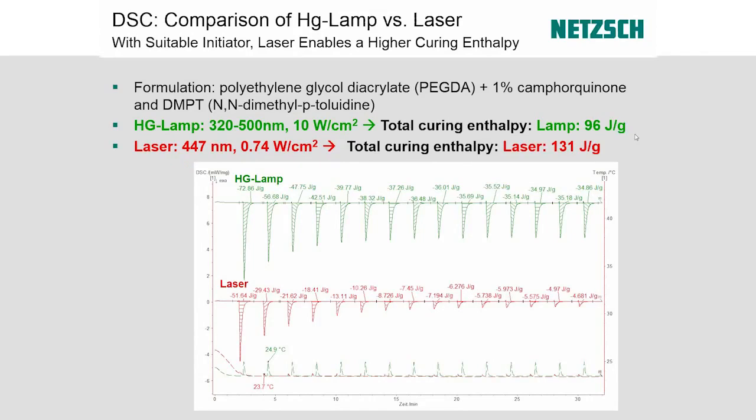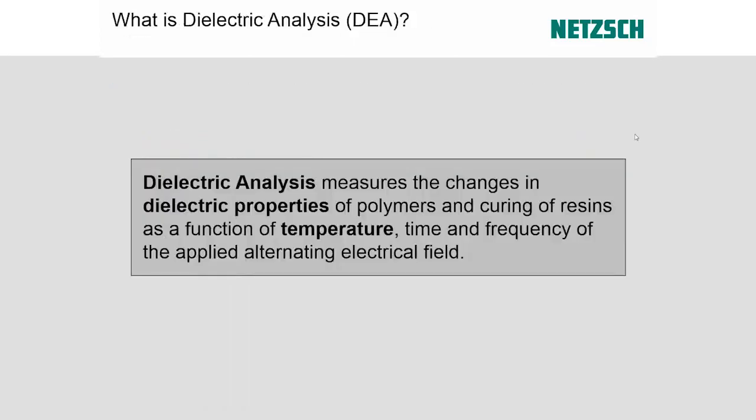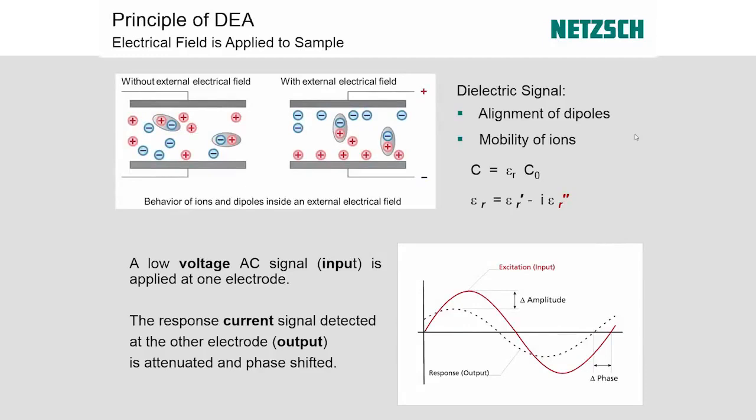Not all materials will, which is why we shift over to the DEA. This is the Dielectric Analyzer, and it measures changes in the dielectric properties of resins as a function of temperature, time, and frequency of an applied alternating electrical field. Now, all of these resins have ionically active compounds within them.